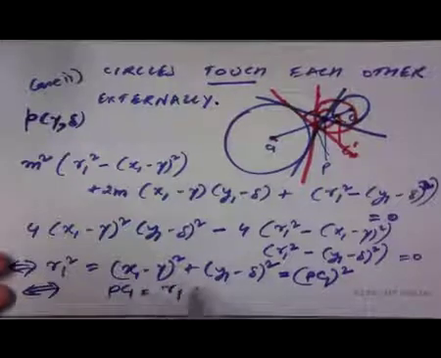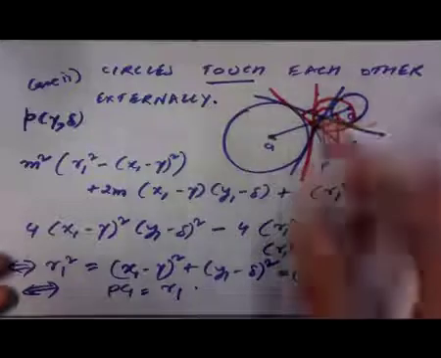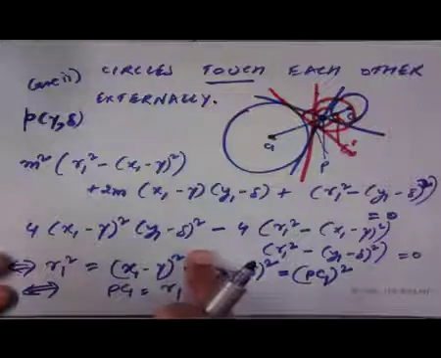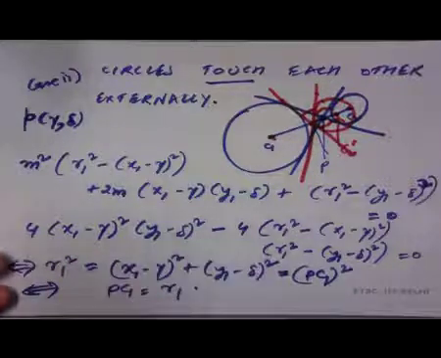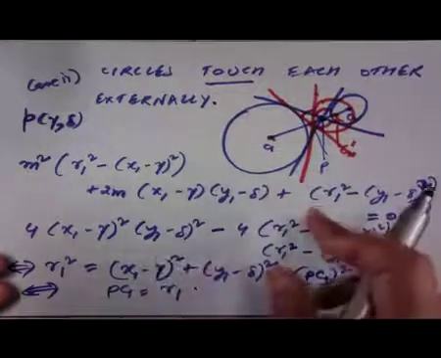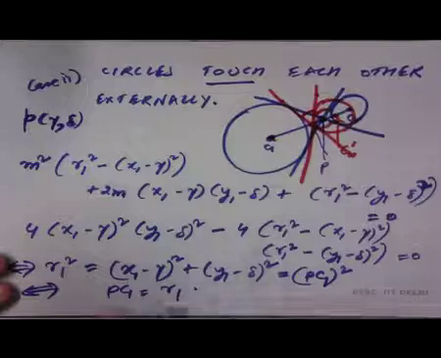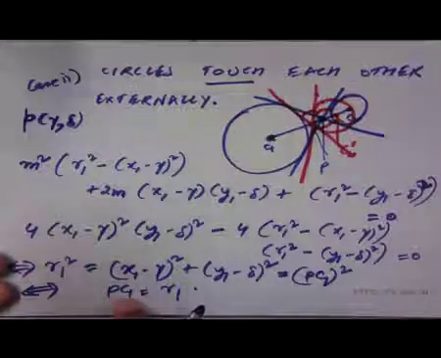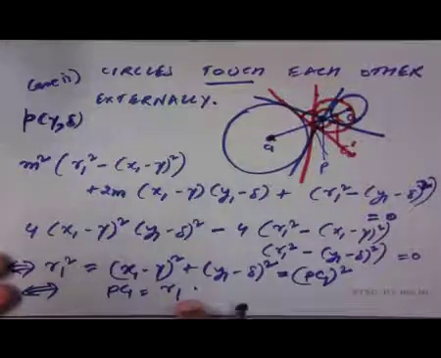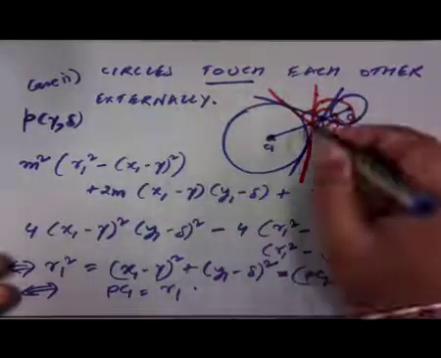PC1 is R1. Now that we only have one tangent in this case, the point of intersection of that tangent with the line joining the two centers is such that the distance of that point from the center of the first circle is R1. What this basically means is that this point is on the circumference of the first circle.